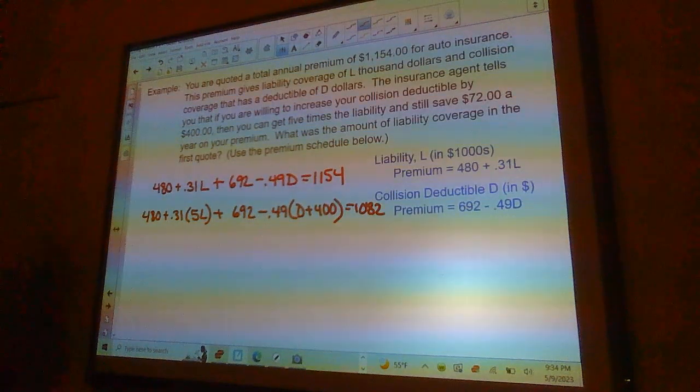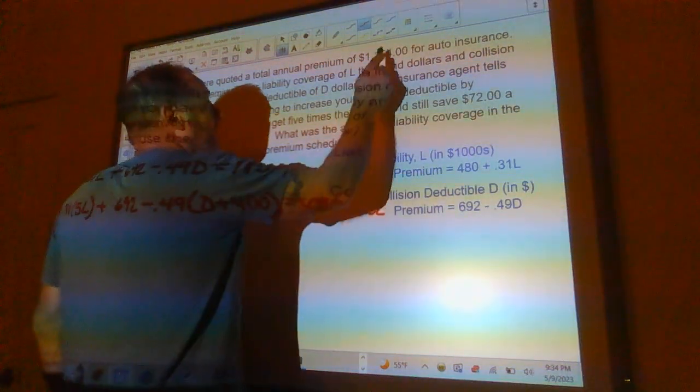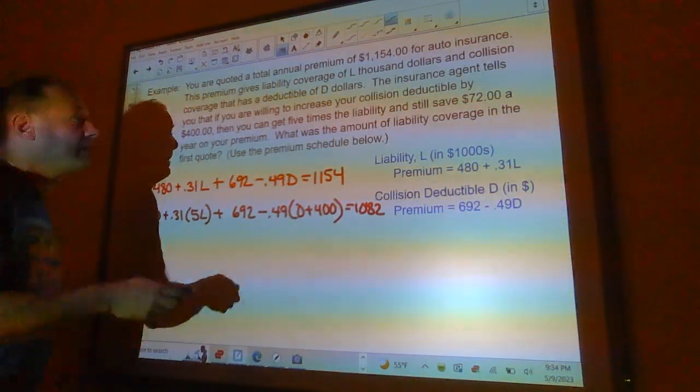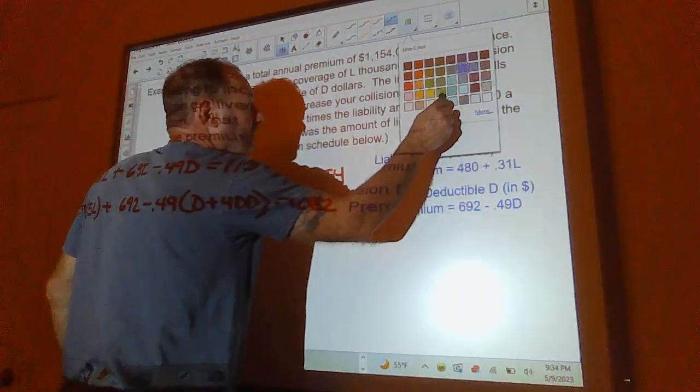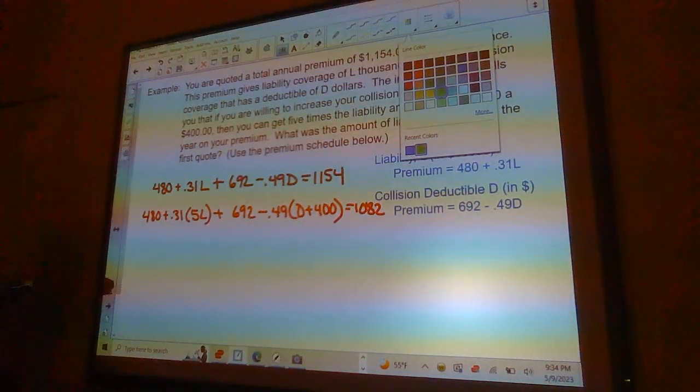Now, I want to consolidate these problems and make them a little bit simpler. So I've got like terms here and here. So 480 plus 692.